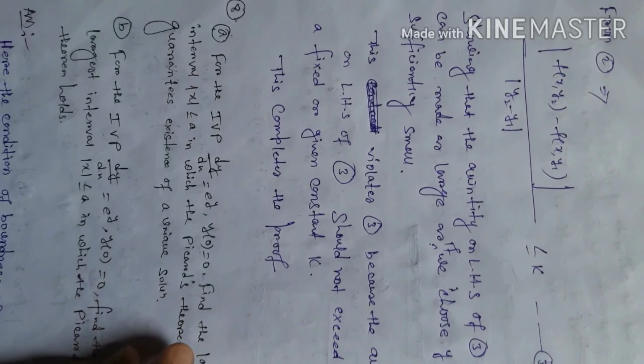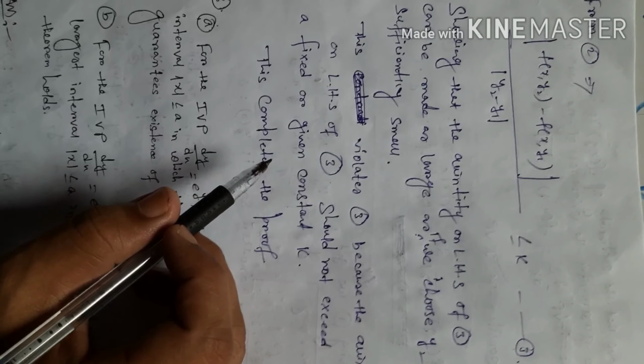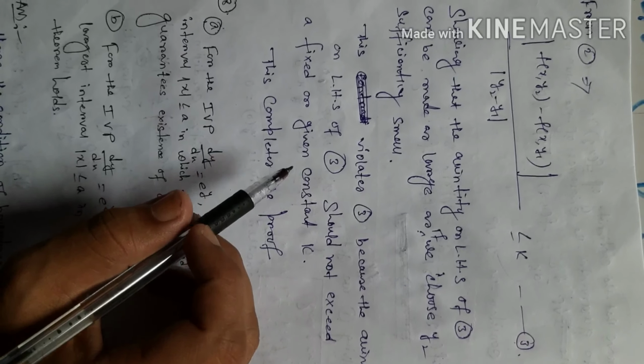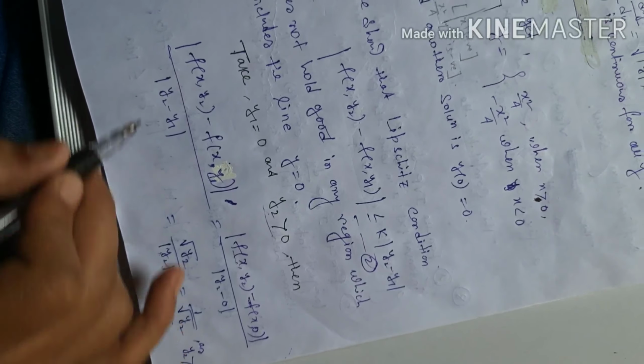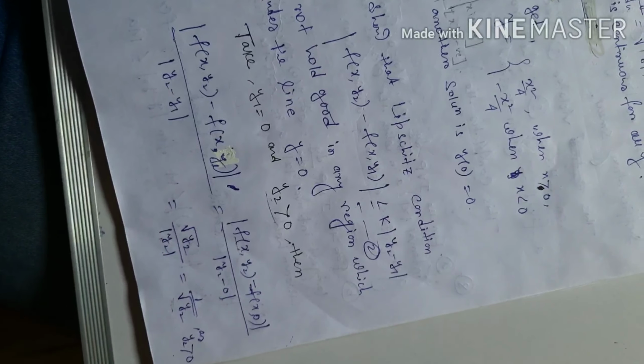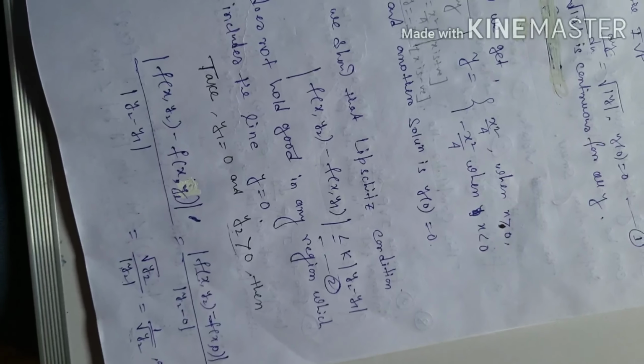But the quantity on the LHS of 3 can be made as large as we like if we choose y2 sufficiently small, where y2 varies over values greater than 0.